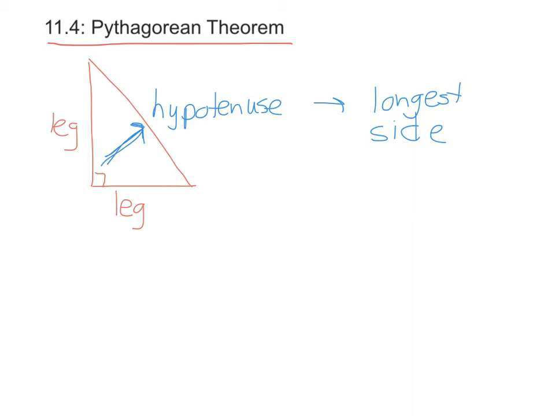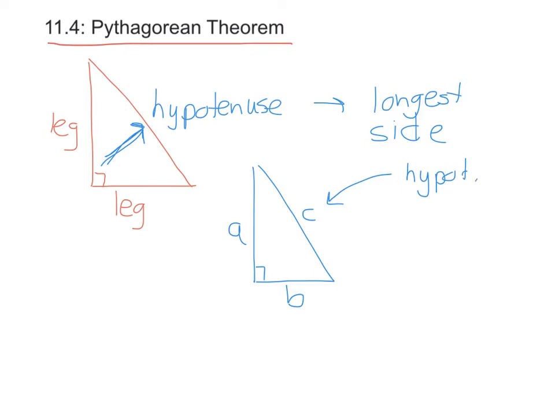So, long time ago, the Greek mathematician Pythagoras figured out that if you have a right triangle, there's a formula for finding the sides. So in a right triangle, we're going to call the legs A and B to work with the Pythagorean theorem, and the hypotenuse is always C. So you just have to remember that this one is always the hypotenuse.